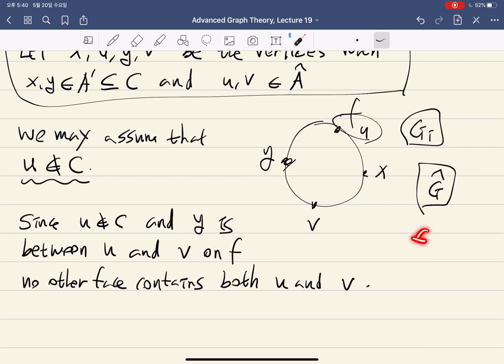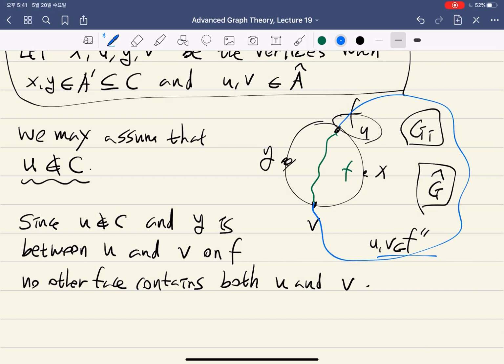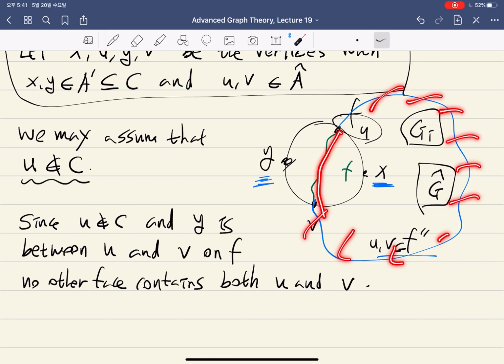Okay. If there is another face F double prime containing both U and V, then in this F we can find the path between U and V, and in this F double prime, you can also find the path from U and V. So this gives us a simple closed curve on the plane, which by the Jordan curve theorem separates Y and X. So if you delete this F and F prime, that deletes this simple closed curve as well.